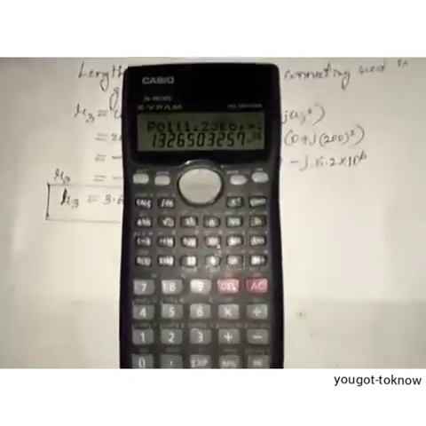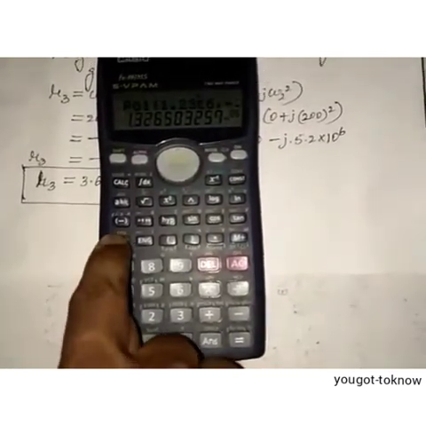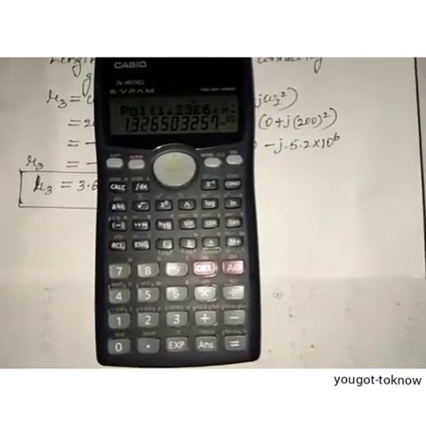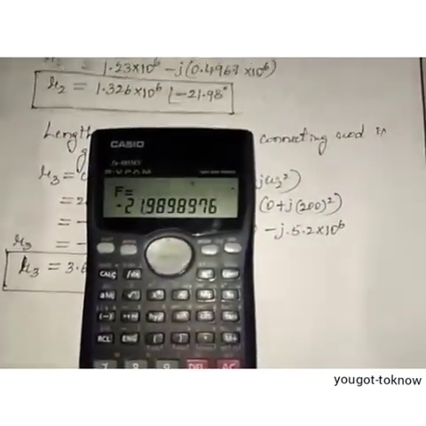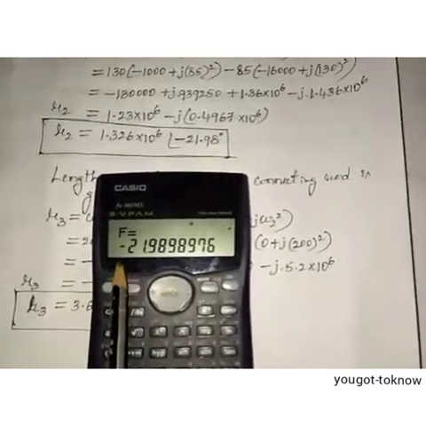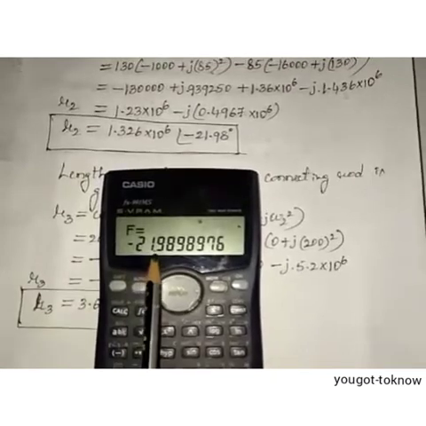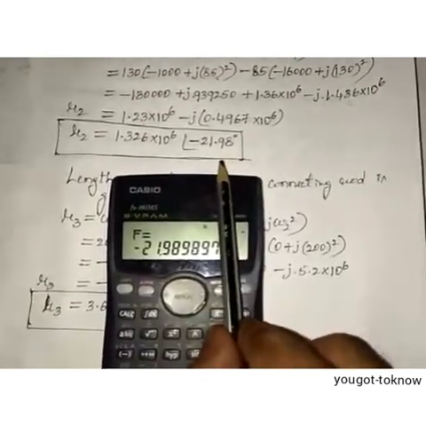Now to determine the angular position of R2, press RCL once, then tan once, then we can get the angular position of R2, that is negative 21.98. So that is what we can see here.